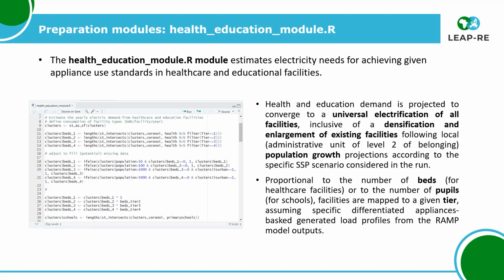So basically the number of educational and healthcare facilities should grow, should expand in the future, and all of them should gain access to electricity. And the size of the energy demand linked to each facility is proportional to the number of beds or the number of pupils for schools. And these are then mapped to a given tier of demand for schools and healthcare facilities, which, similar to the residential demand, have been estimated starting from appliances in the RAMP model.